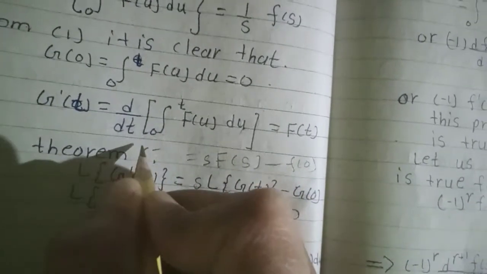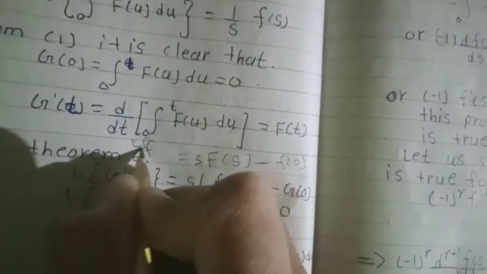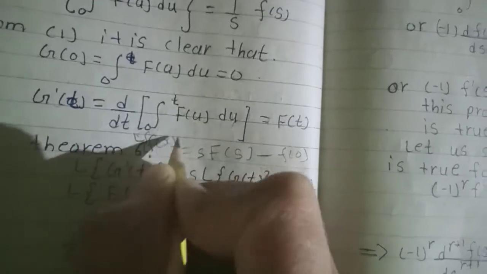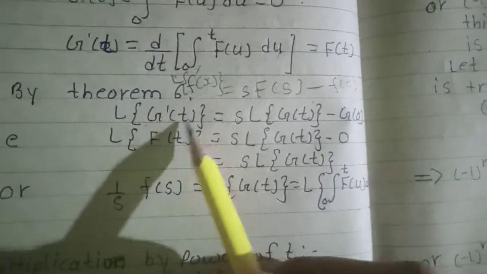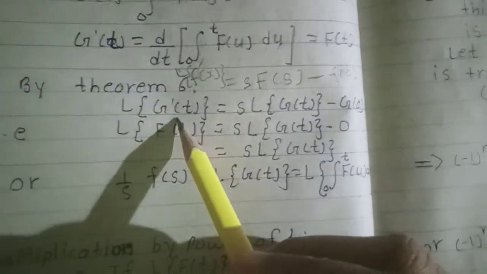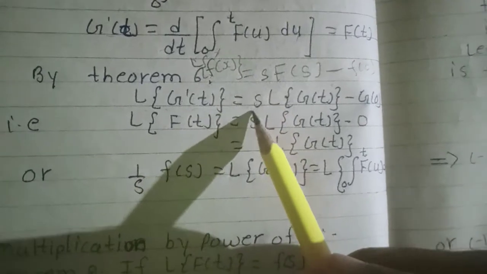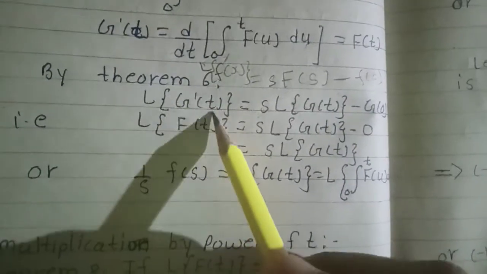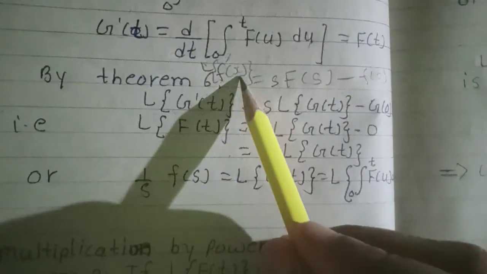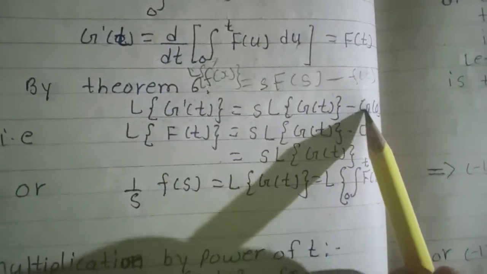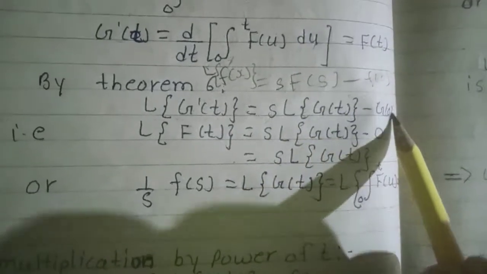This is the theorem we gave in a video before. So the Laplace transform of g dash of t is equal to s times the Laplace transform of g of t, not g dash, g of t, minus g of 0.